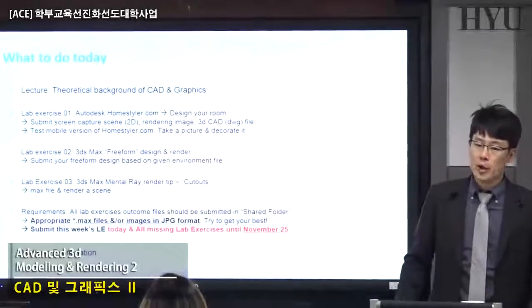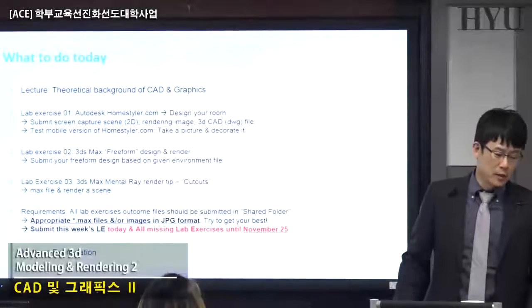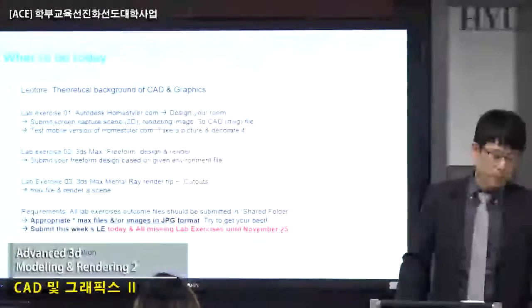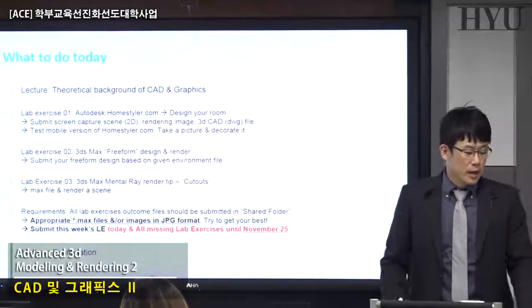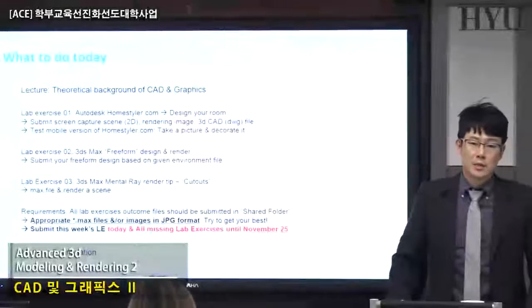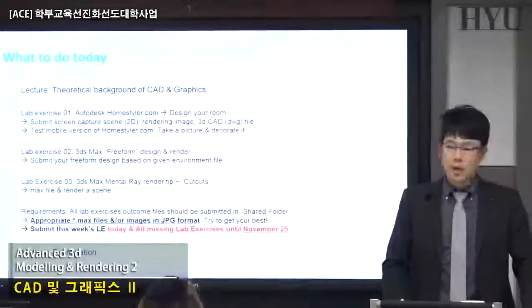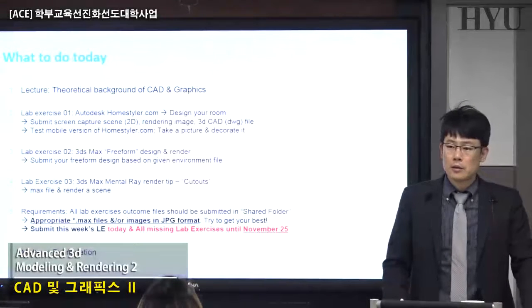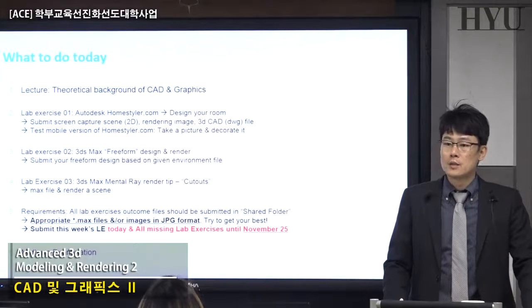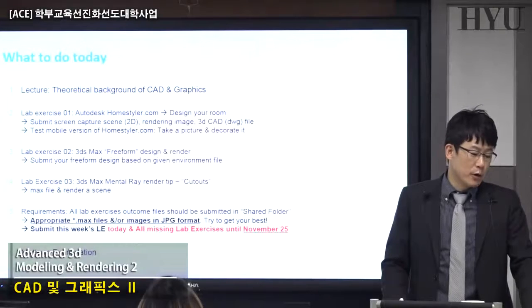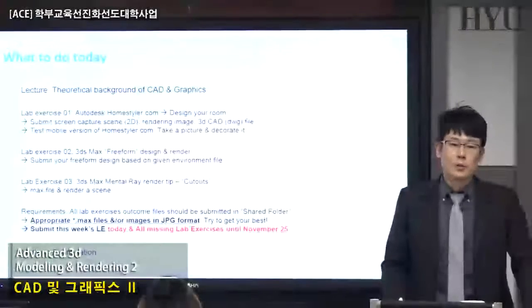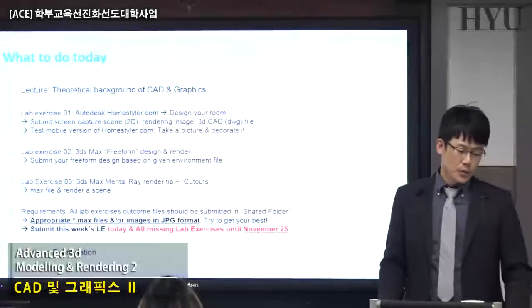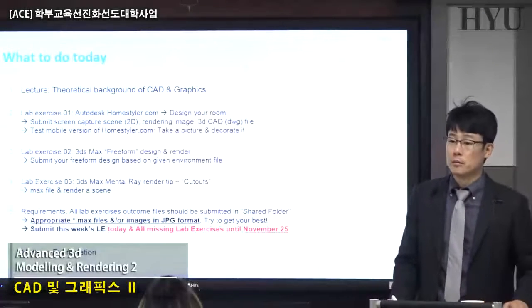Information modeling, specifically for buildings, that is BIM, building information modeling, is one of the topics of next semester in the digital design class. This semester we mostly learn about geometric modeling and its visualization. So our focus is still on geometric modeling.